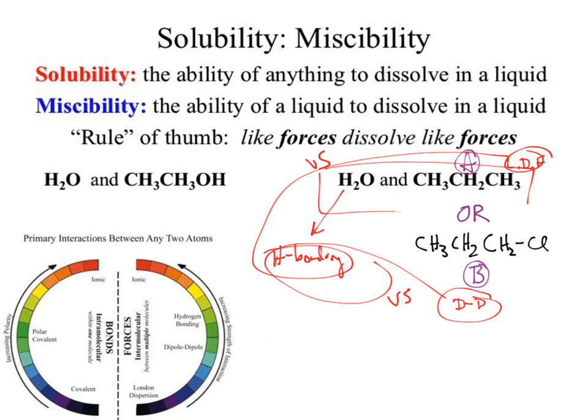Which is the most similar? Dipole-dipole. So I might still say B's not going to dissolve in water, but it's going to dissolve better than the other one will. So we can do those kinds of bulk comparisons with the forces. It's not just a blanket, oh, it doesn't or it does. We can do some variation in between.